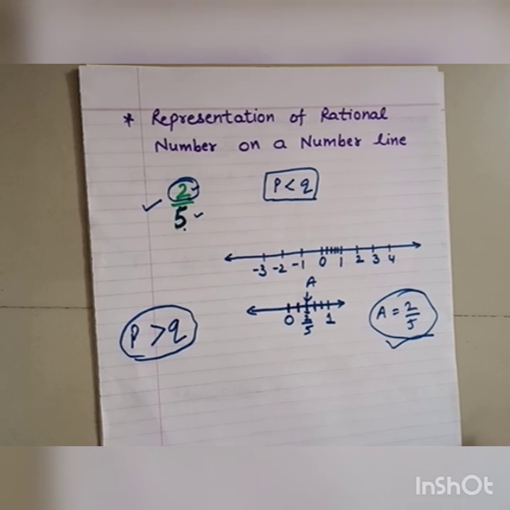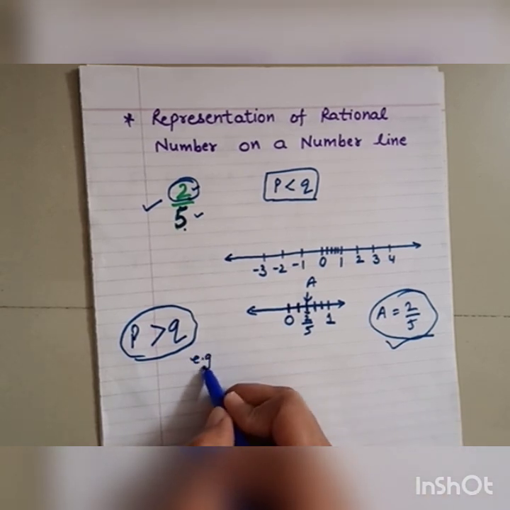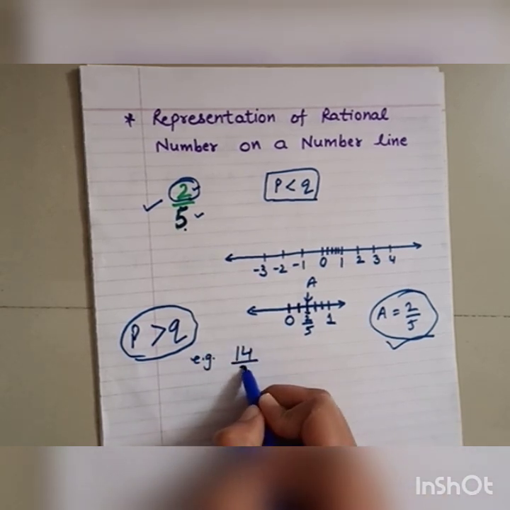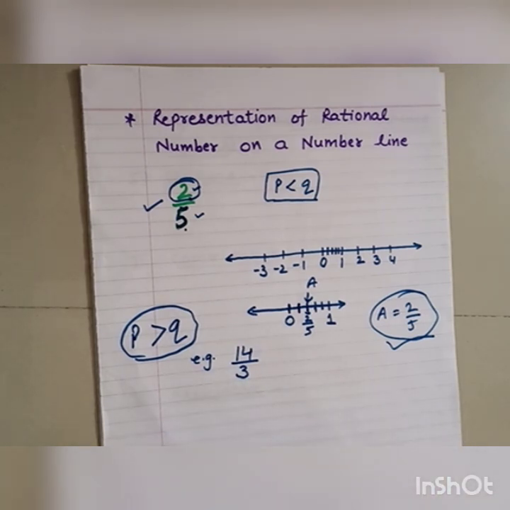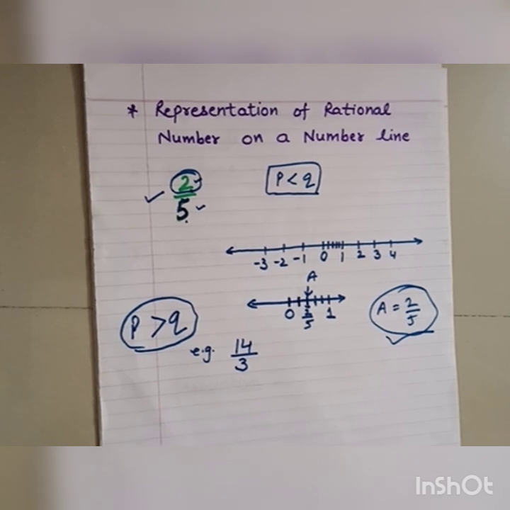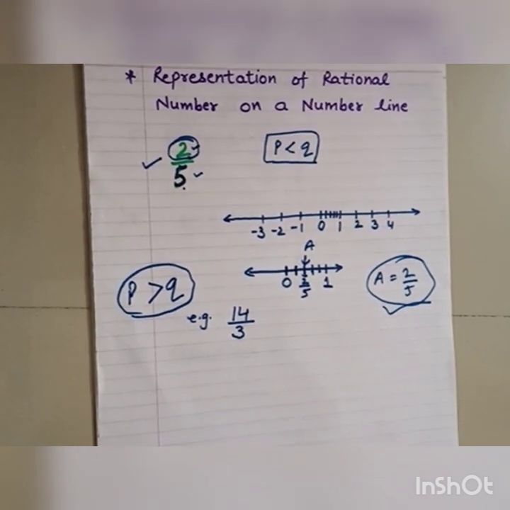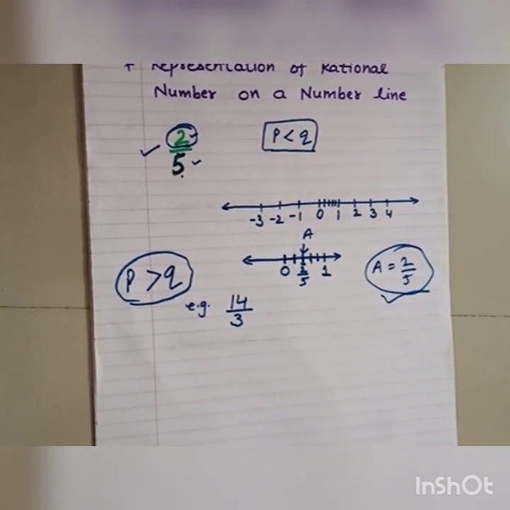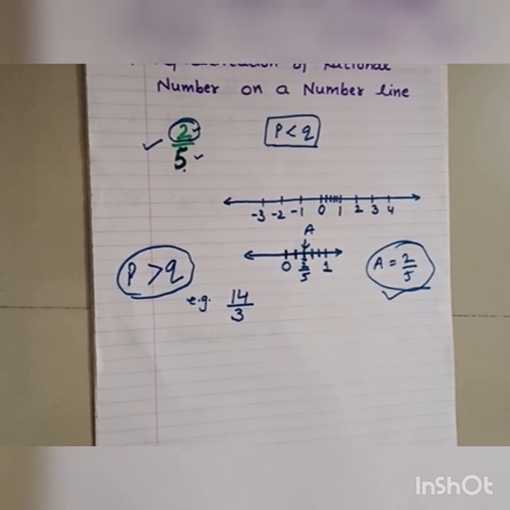Take one example. For example, we take 14 upon 3. In this, you see the value of the numerator is greater than the value of the denominator. So how can we represent this on the number line?